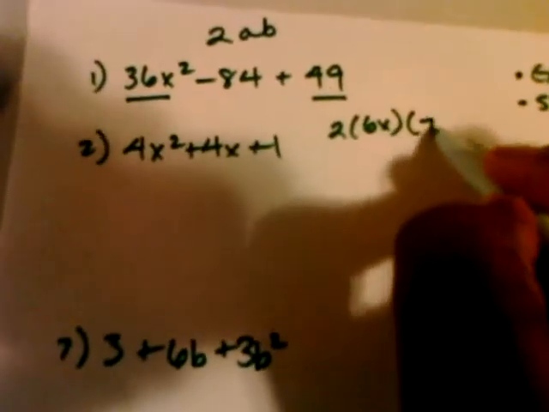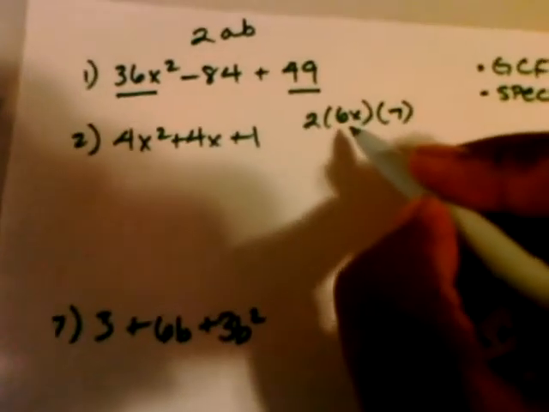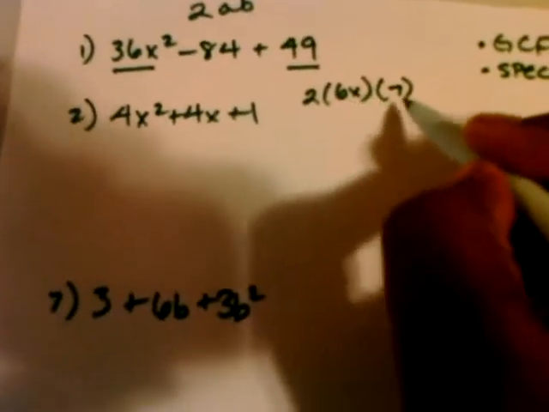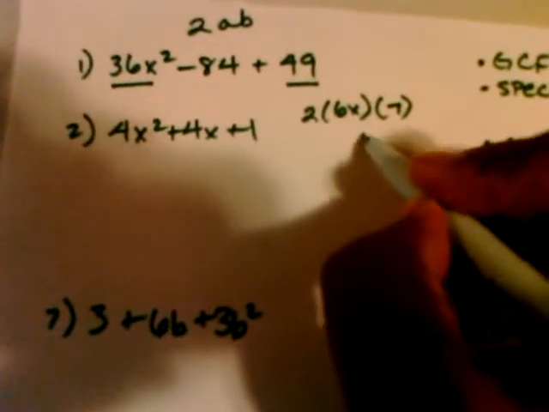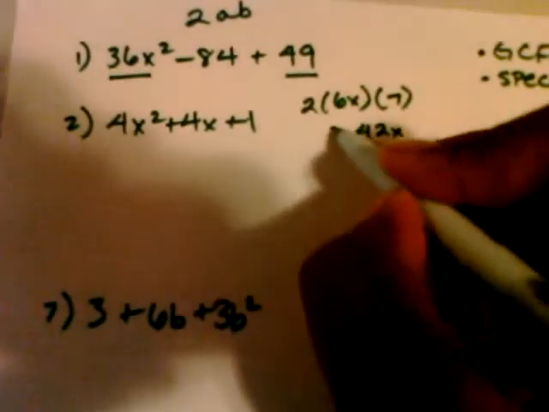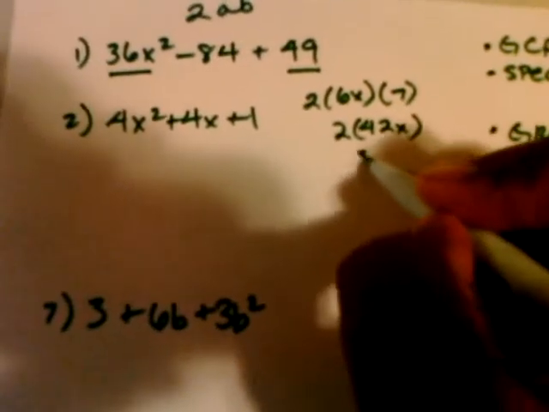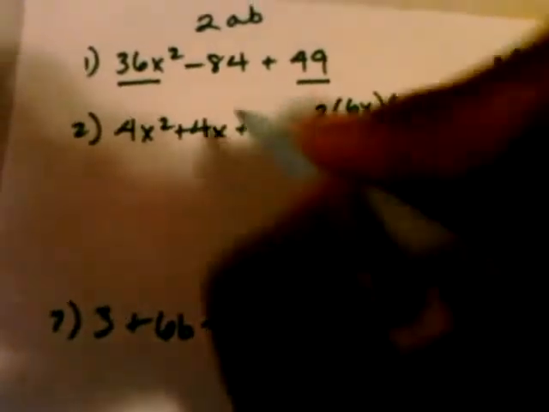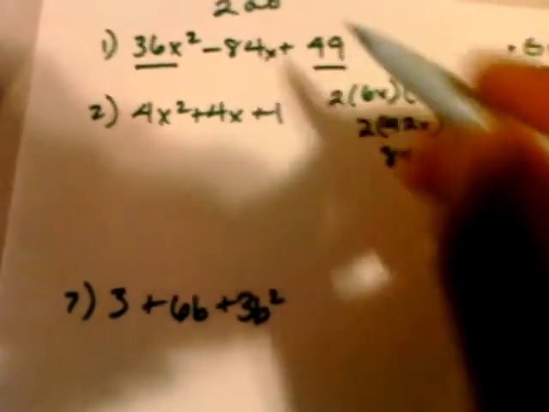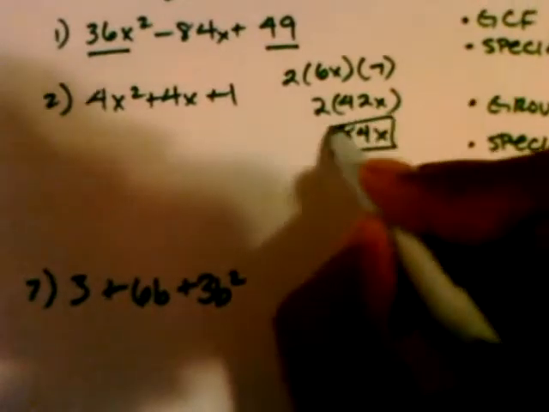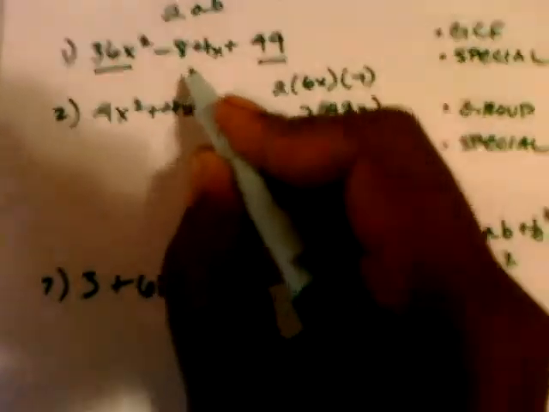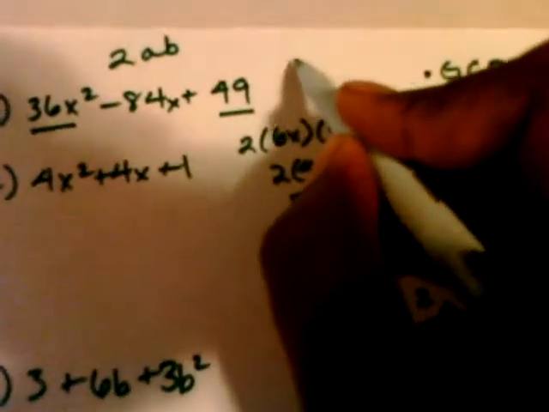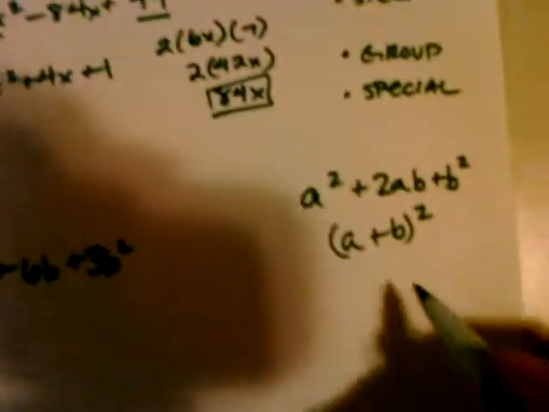What we have here is 6x times 7, that's going to give us 42x, times 2, and we will get 84x. I'm sorry, there's supposed to be an x right here. We will get 84x.